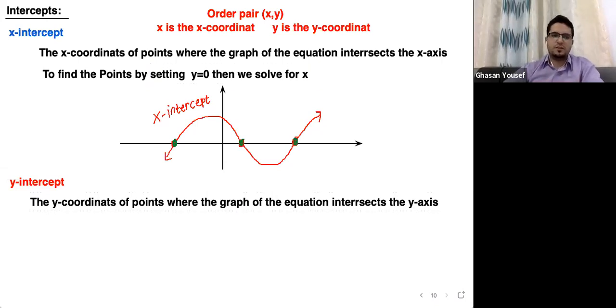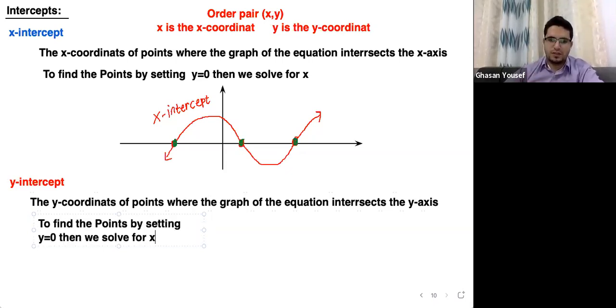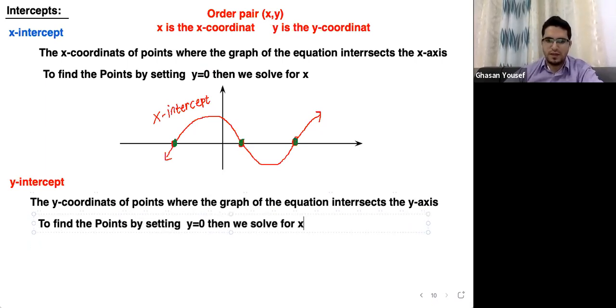What do I have to do to find the y-intercept? Any idea? Yes, Matthew. Yes, exactly. Just set x equals 0 to find the y-intercept. Then we solve for y.